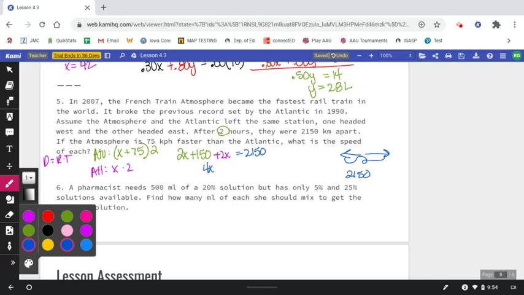So that would give me 4x plus 150 equals 2150. So 4x equals 2,000. And so x, the speed of the Atlantic, is 500 kilometers per hour. And I know that the Atmosphere is 75 kilometers per hour faster than that. So the Atmosphere would be 575 kilometers per hour.